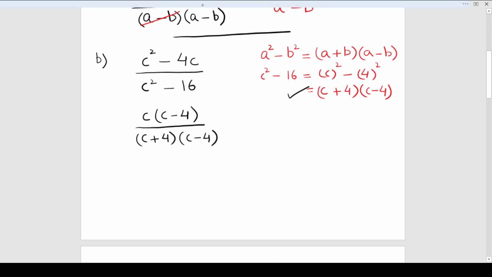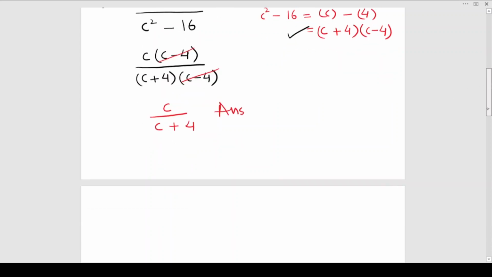Now you can simplify by cancelling this with it, and after this step your final answer is c by c plus 4. This is your final answer. I hope you guys got it. After this part, let's move on to the next.